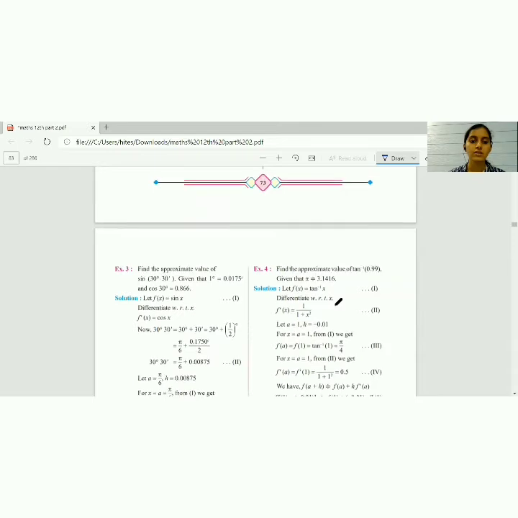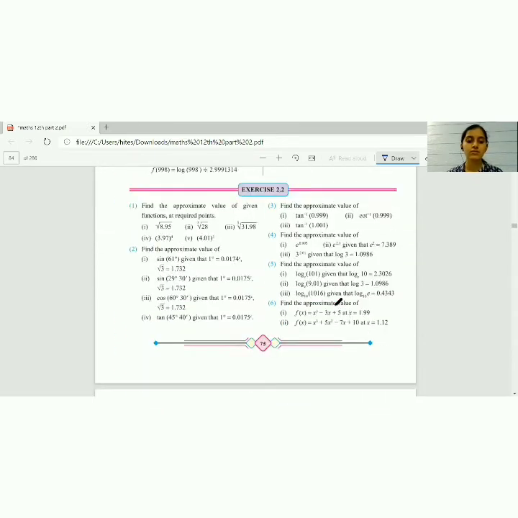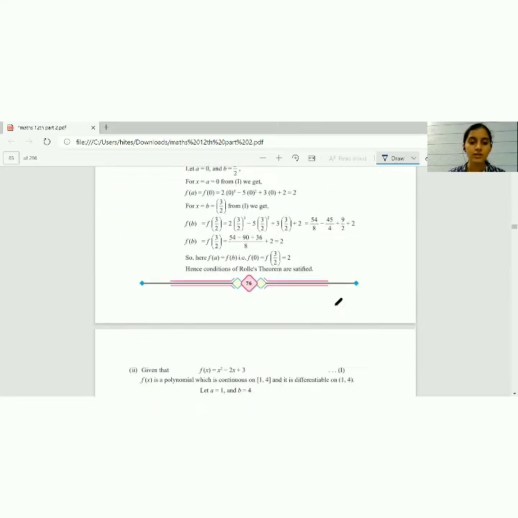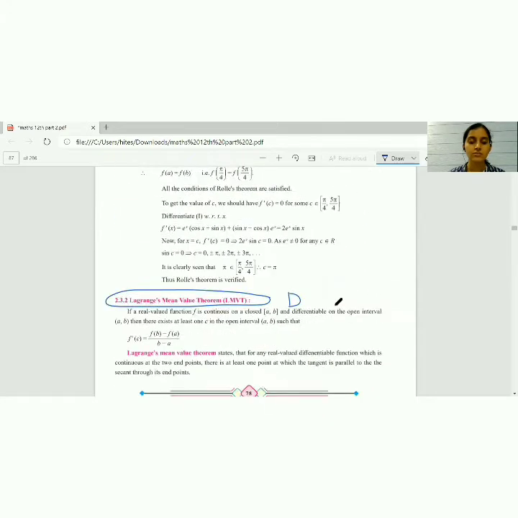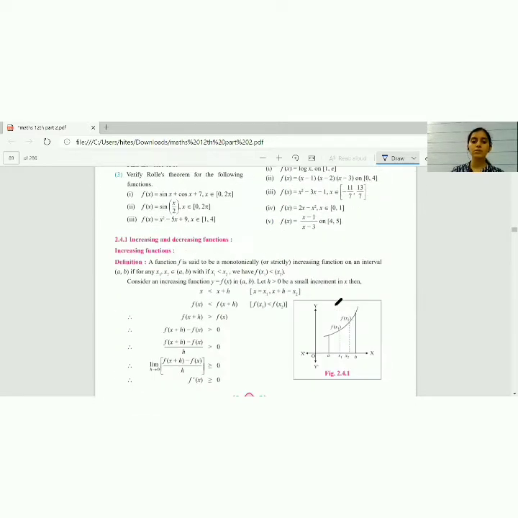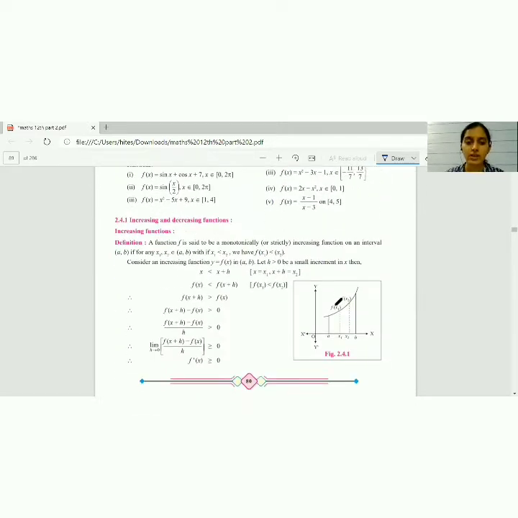Then Rolle's theorem is excluded, and Lagrange's mean value theorem is excluded. You can still go through it once, and if you have any doubts regarding it for your other studies, you can definitely ask me regarding it.